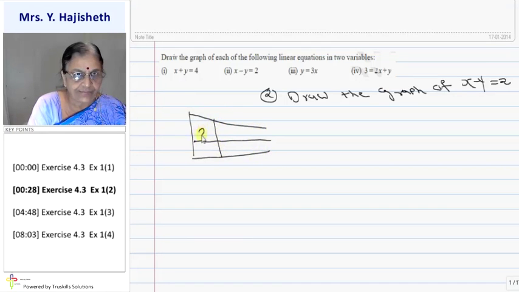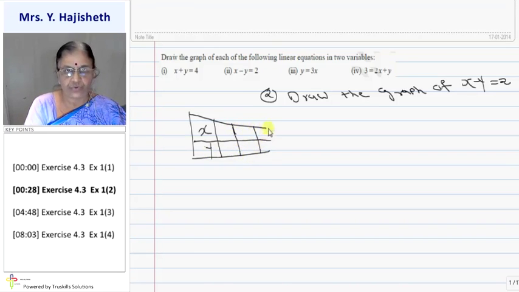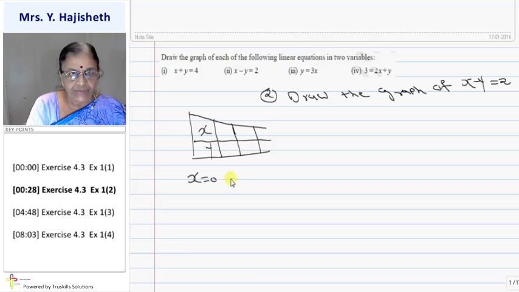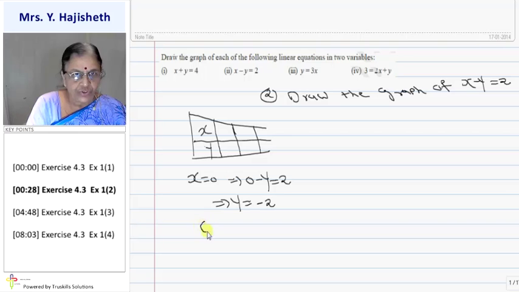Here is x, here is y. Two values are sufficient to draw the graph. When x is 0, if you put x is 0 in the equation, it implies 0 minus y is 2. So my y is minus 2. So 0, minus 2 is one of the solution, okay?